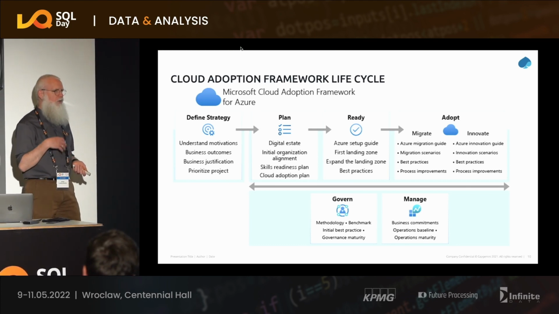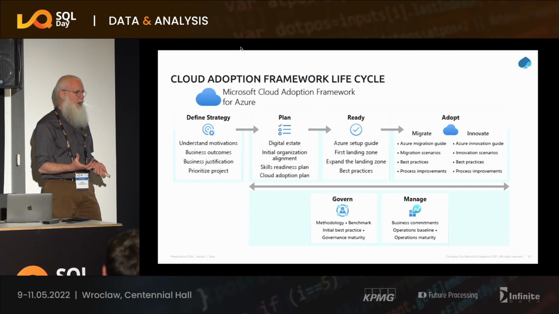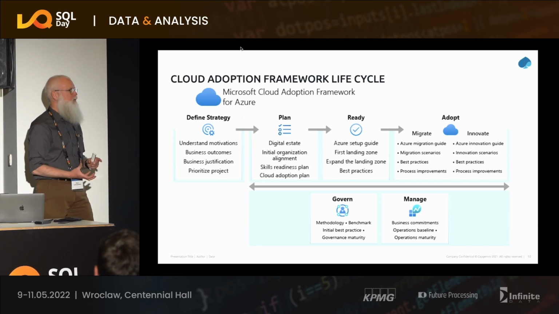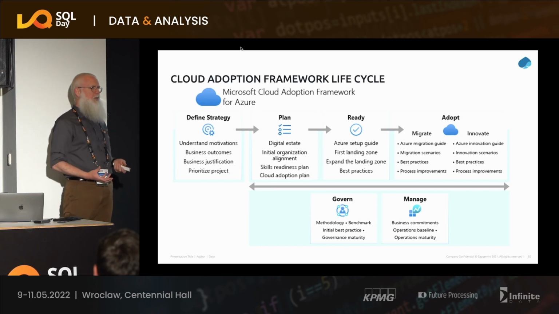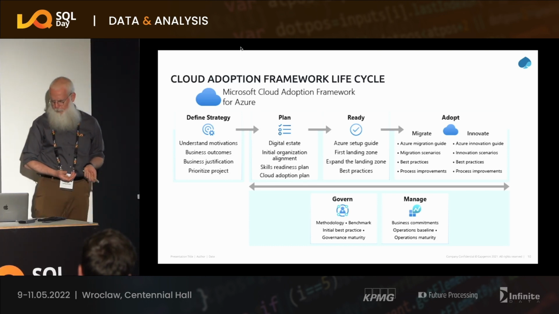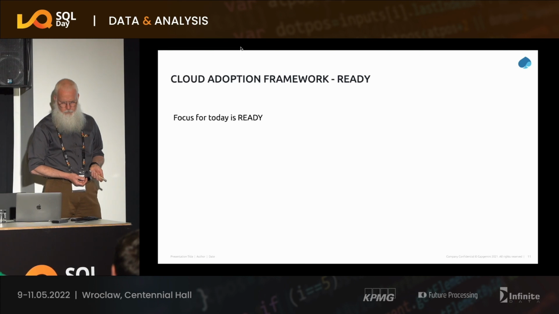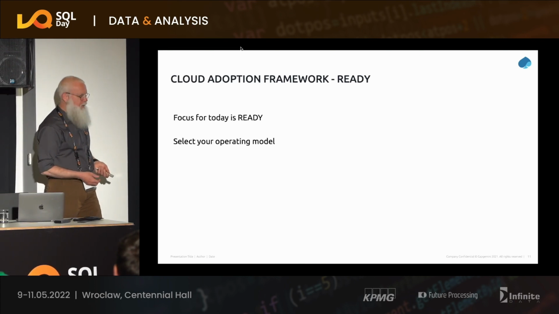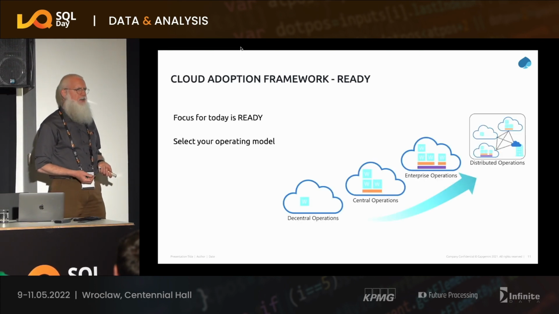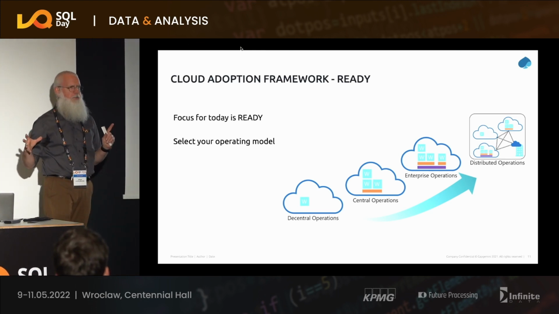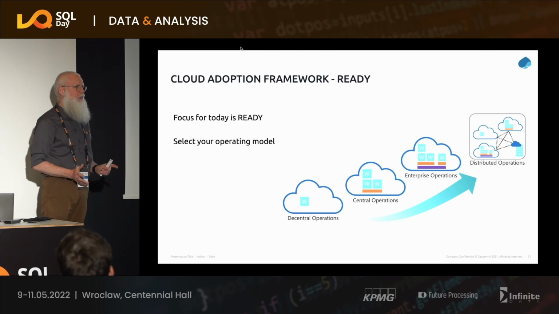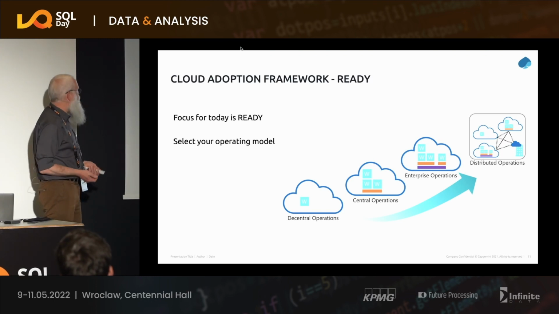And then we have the ready phase, and this is where the Cloud Adoption Framework, the code and so forth that we're talking about today, is situated. That is when you start doing that. So select your operating model, and it again depends. What I'm going to talk about today is enterprise scale, because that's what Microsoft puts out and pushes, because that's where the money is, of course.